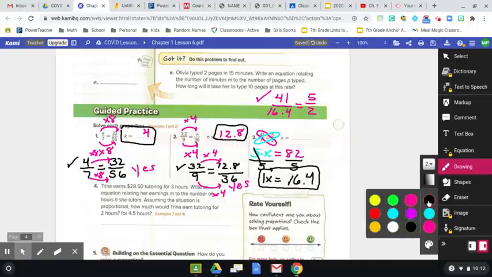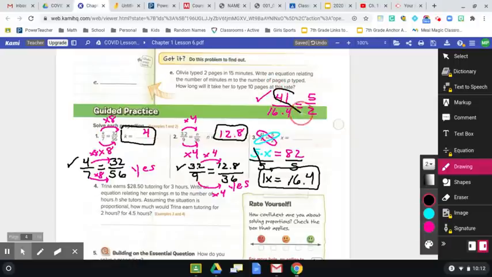All right, let's see. I'm going to do 41 times 2 and get 82. And I'm going to do 16.4 times 5 and see if I also get 82. I do. And so I solved it correctly. X is 16.4. I've created that proportion by solving for the missing variable.